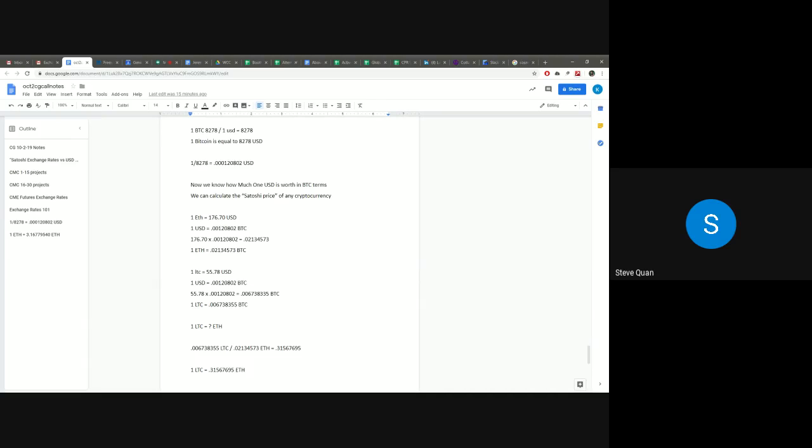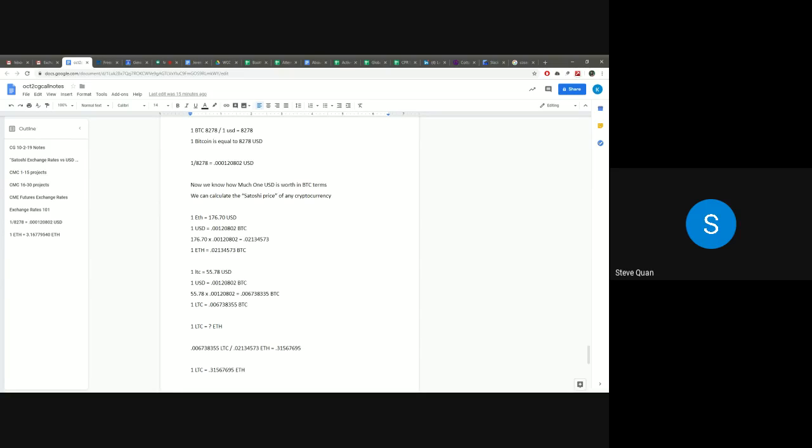Now we'll go to Ethereum. 1 equals 176.70. I know these seem obvious, but from what Christina told me, I wanted to just start at ground zero, and that way people can look back at these examples if they have a question. Like I said, it may seem very basic to many, but if you're not familiar with exchange rates, so 1 Ethereum is 176.70, $1 is 0.012.